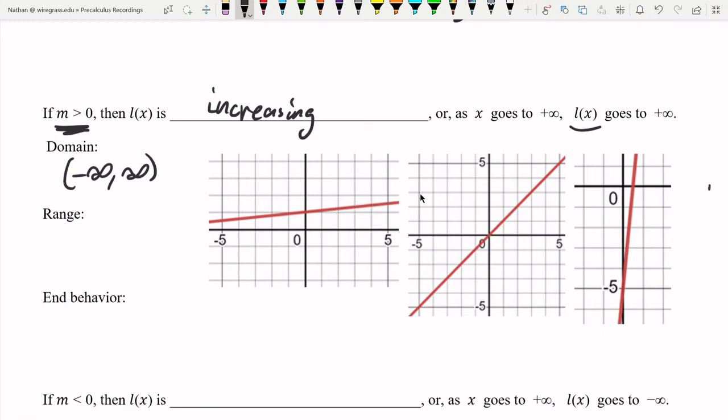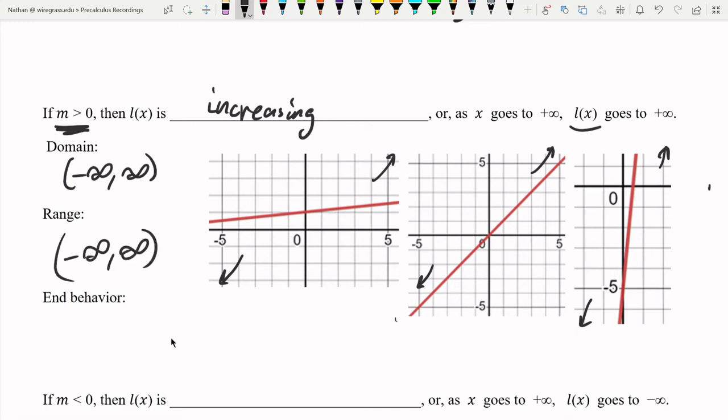This goes very slowly, but it does go there. It also goes downward infinitely as you go leftward instead of going right. Going left, it goes down to negative infinity. The end behavior is that this function goes up to positive infinity and down to negative infinity. So the range is everything.